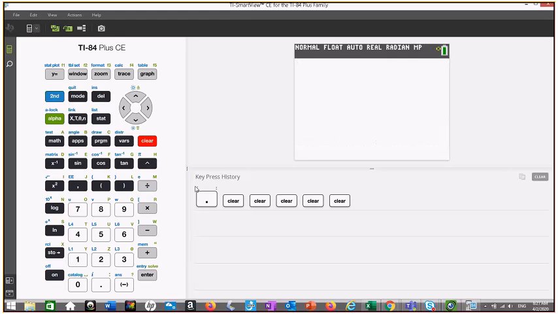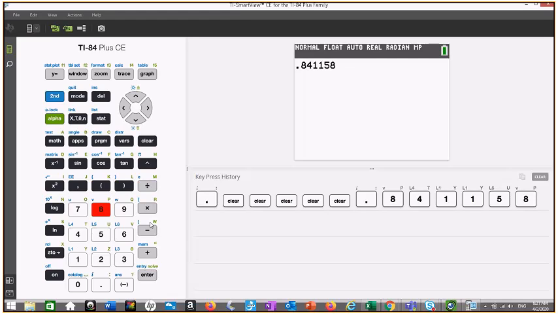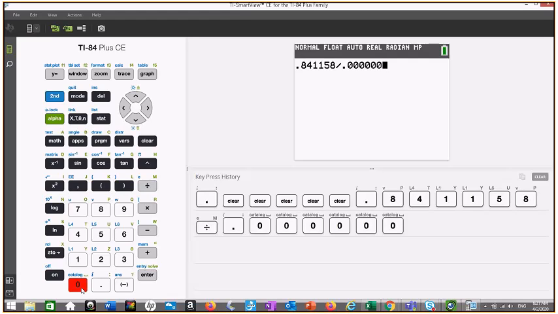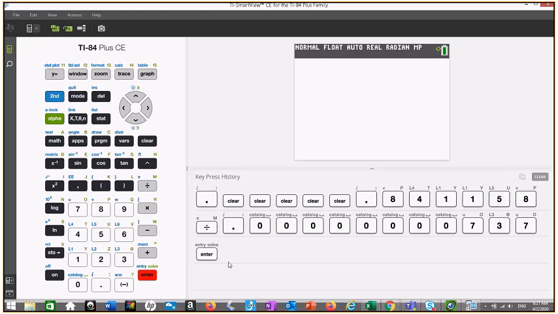All right, 0.841158 divided by 0.00000737, and that's equal to whatever that number is.